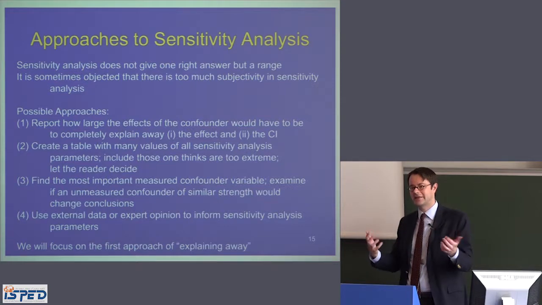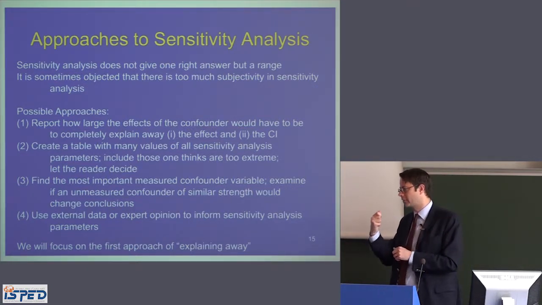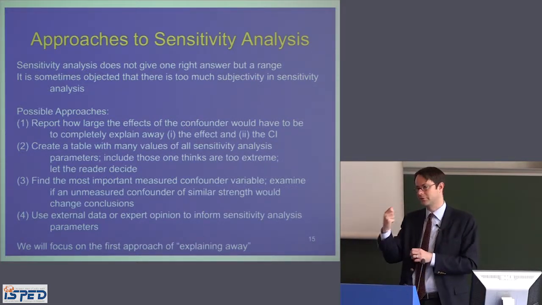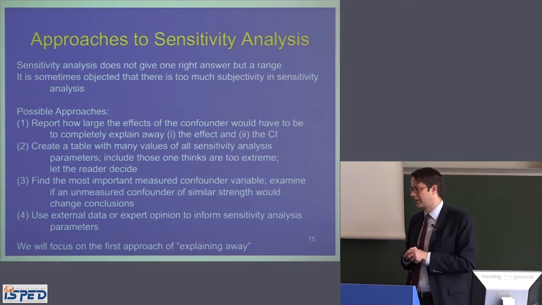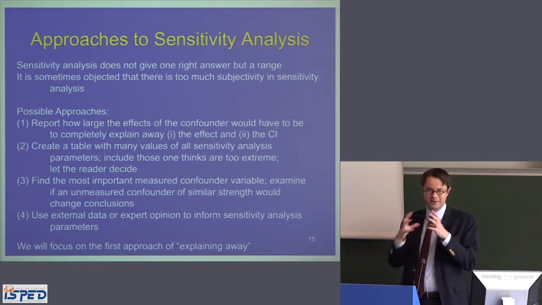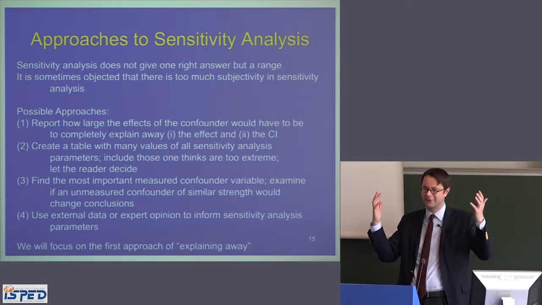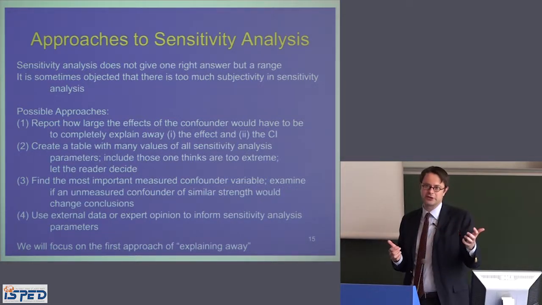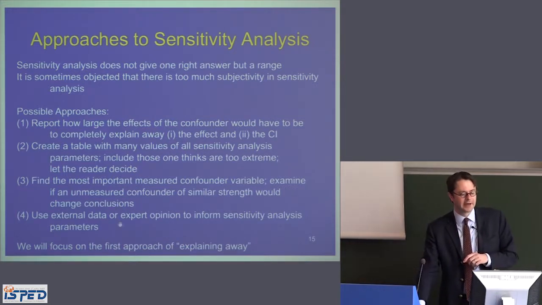If not, then we can at least say for an unmeasured confounder to completely explain away our observed exposure outcome association, it would have to be more important than our most important measured confounder. And that can sometimes be a fairly convincing argument. How convincing depends on how good that initial set of measured confounders are. If we've controlled for everything we can possibly think of, it might be quite convincing. But if our initial set of confounders is poor, it might not be a strong argument.